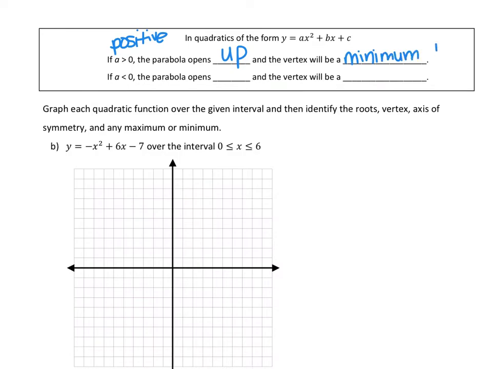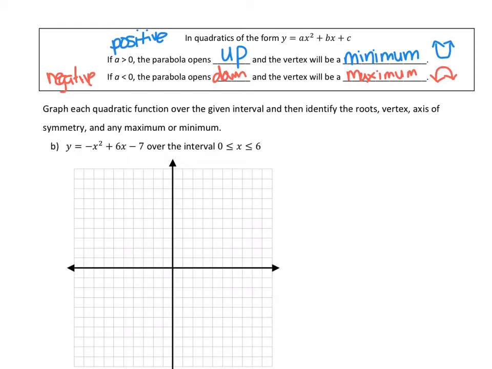And let's draw a little picture. Okay, something along those lines. If a is less than 0, meaning negative, the parabola opens down, and the vertex will be a maximum. And there's a little diagram.